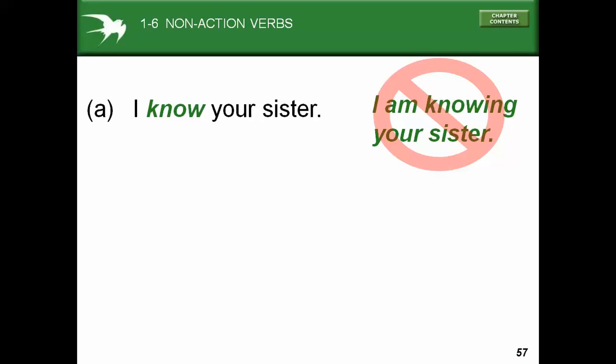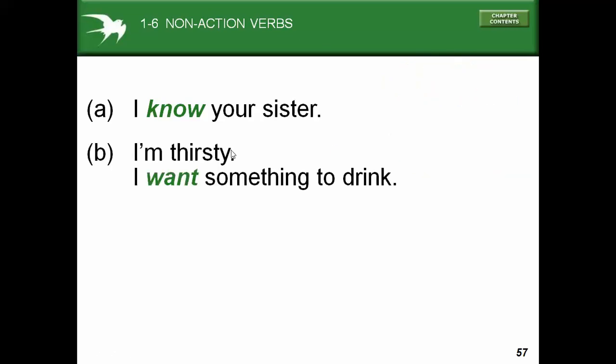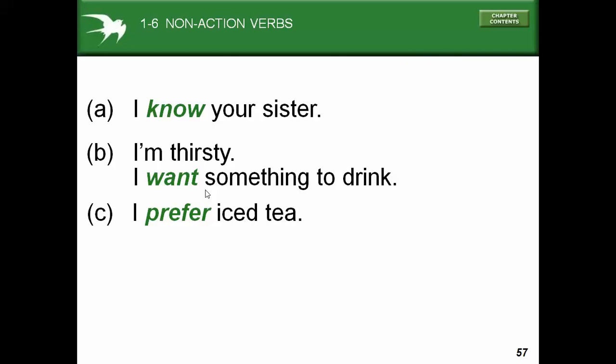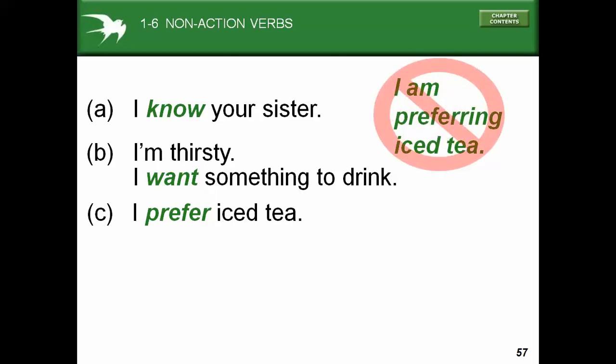I know your sister. I don't say I'm knowing. I'm thirsty. I want something to drink. I don't say I'm wanting. This is incorrect. Okay. So all these are non-action verbs, only in the simple present. I prefer iced tea. I don't say I'm preferring. This is not correct.